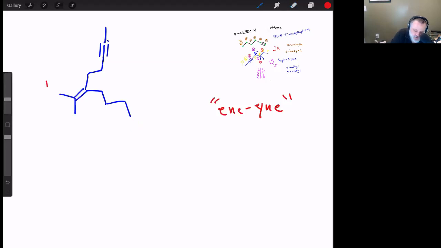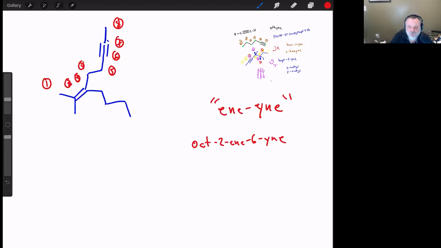So we start there: 1, 2, 3, 4, 5, 6, 7, 8. So this is an oct-2-ene-6-yne. That's what this particular type of molecule is.